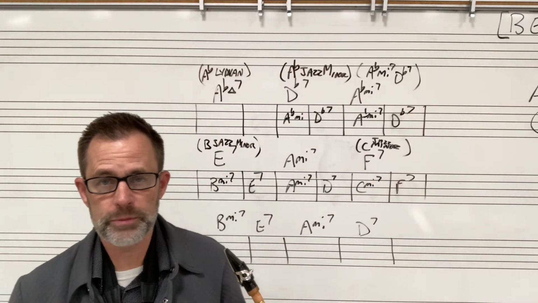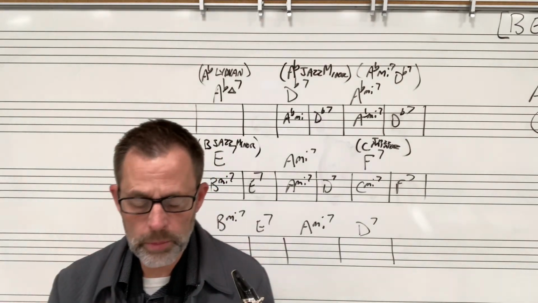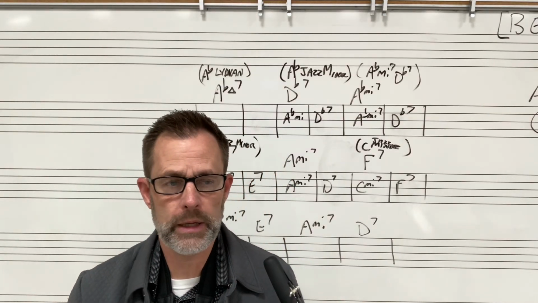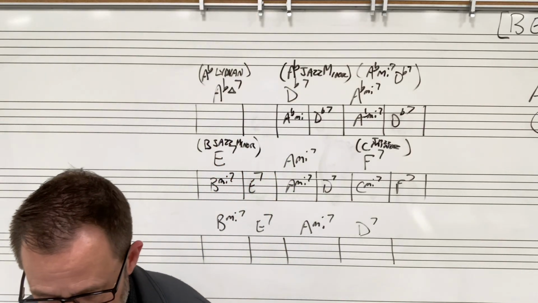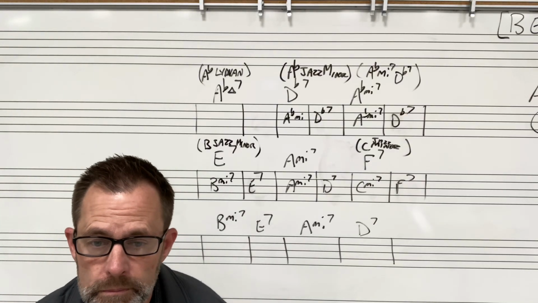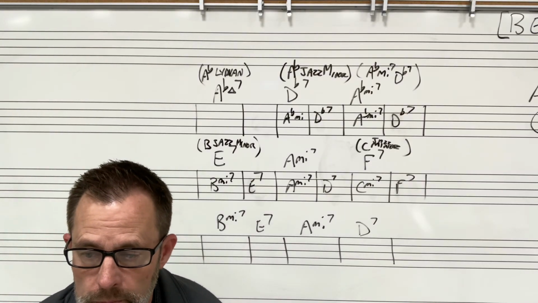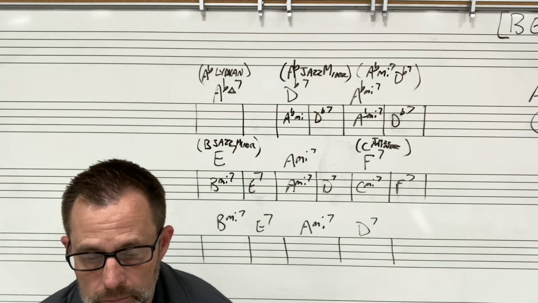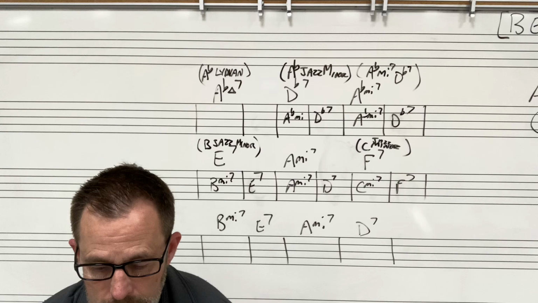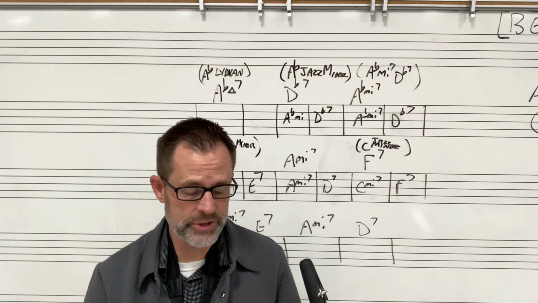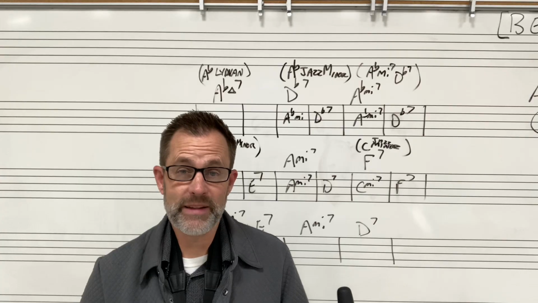Here are some thoughts on this B section. Normally, if people call Girl From Ipanema, they're going to call the tune in concert F. So I put the B section on the board in the tenor key.